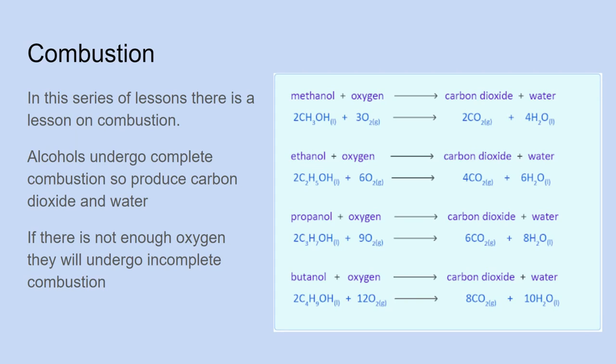They could undergo incomplete combustion if there's not enough oxygen around, though. So you're expected to be able to write out the word and symbol equations for the first 4 alcohols and their reactions with oxygen to produce carbon dioxide and water. You're expected to be able to balance them as well.